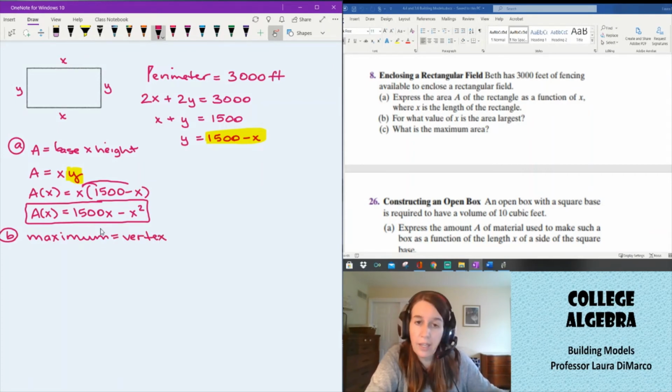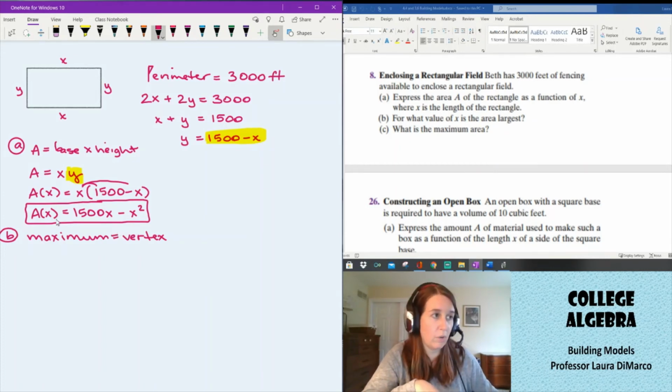Now, you can do this the same way we did a couple others, where we just put the equation for A into our calculator and then calculate the maximum using your calculator's calculate button. But this is a good one to look at how you could also do it by hand. Since it's a parabola, you can use the equation h equals negative b over 2a to find the vertex.